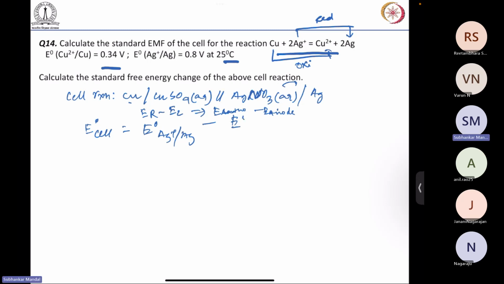So same thing, Cu2+/Cu. It is given the value Ag+ 0.8 minus 0.34 volt. How much will it be?